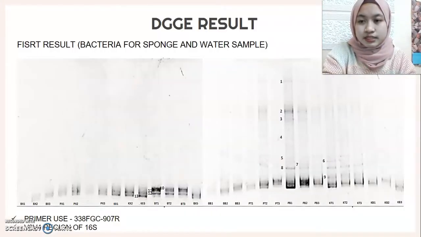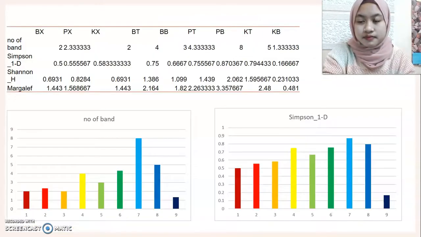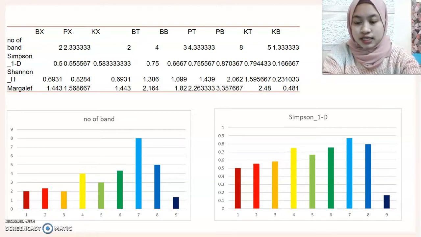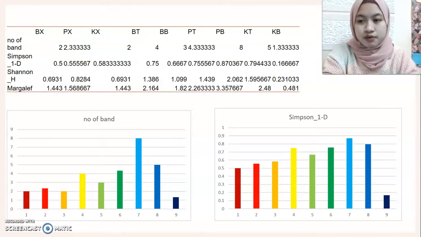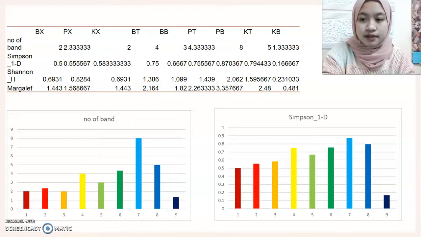My first result is on bacteria for sponge and water samples. The primers used are 338FGC and 907R, which are in the V3 to V5 region of 16S. As for the microbial community, by using alpha and beta diversity, we have Simpson, Shannon, and Margalef. Simpson is used to measure diversity, taking into account the number of species present.